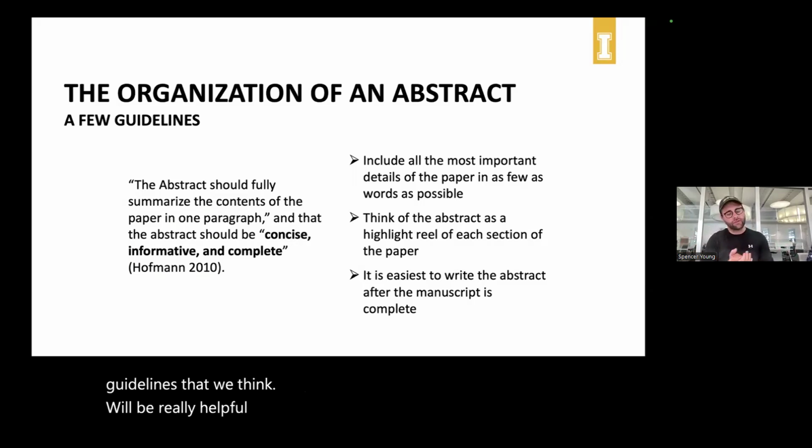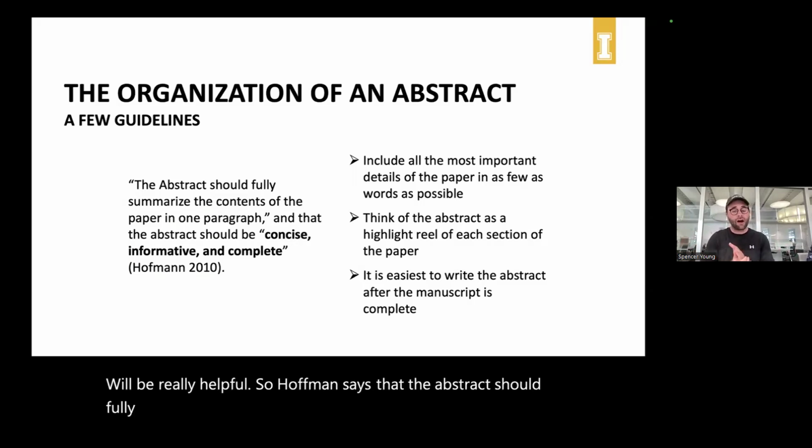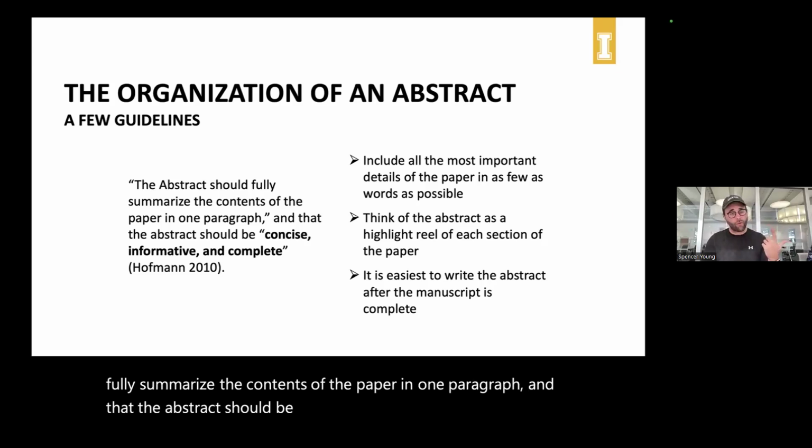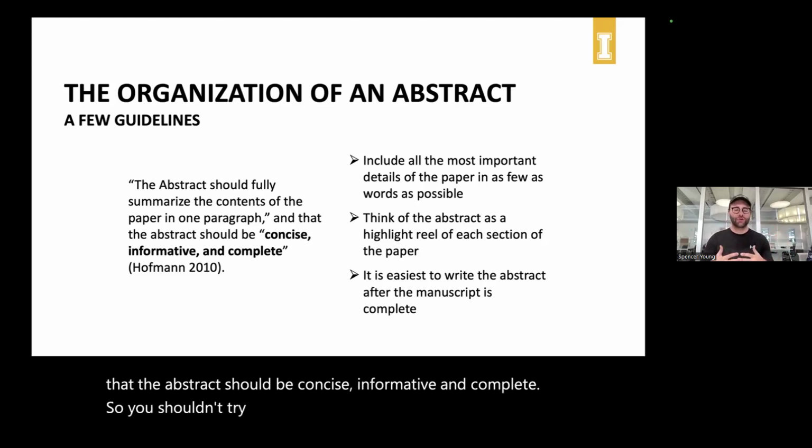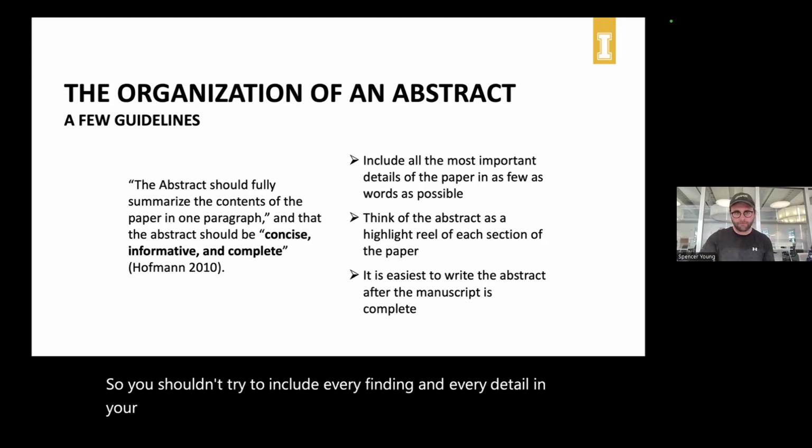So Hoffman says that the abstract should fully summarize the contents of the paper in one paragraph, and that the abstract should be concise, informative, and complete. So you shouldn't try to include every finding and every detail in your abstract, right?